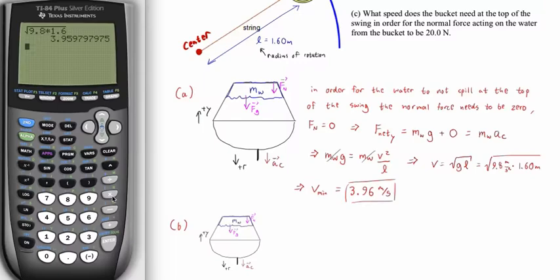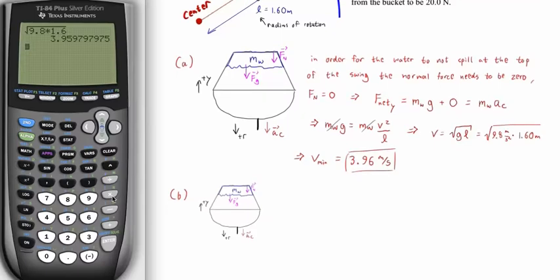I've just copied over the same bucket here, and we're going to want to consider, instead of the water as our free body, the bucket as the free body and then see how it acts on the string. Because before, the water was in contact with the bucket, which led to a normal force.